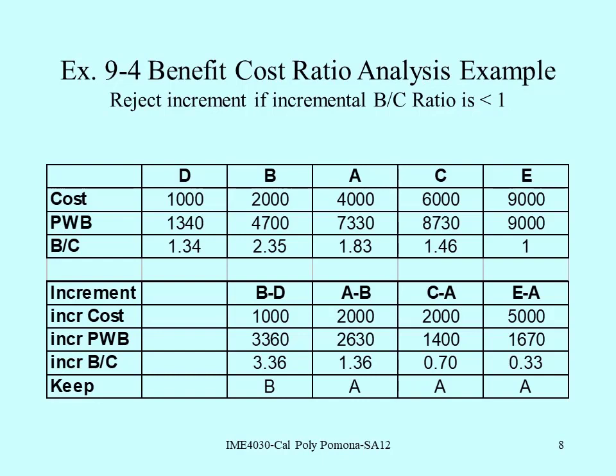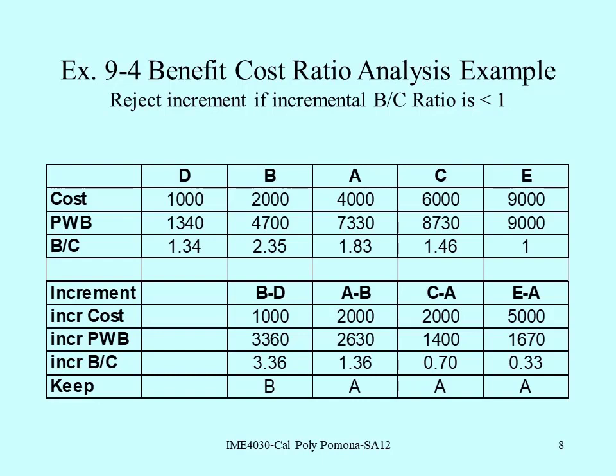For example, for the B minus D alternative, the present worth of cost increment is 2,000 minus 1,000, and the present worth of benefit increment is 4,700 minus 1,340, resulting in 3,360, and then the ratio is 3.36 of benefits to cost.